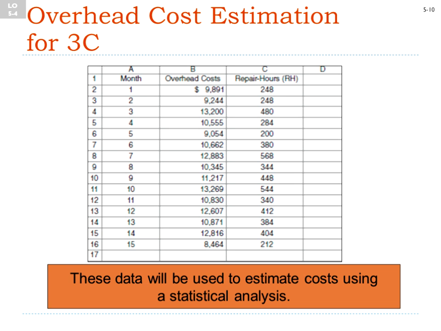So let's take a look at this example. In this example, this business created a spreadsheet of overhead costs for the last 15 months. All right, so let's take a look at this spreadsheet. Generally, it looks like the higher the number of repair hours, the higher the cost, right?